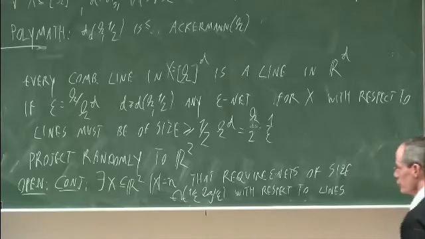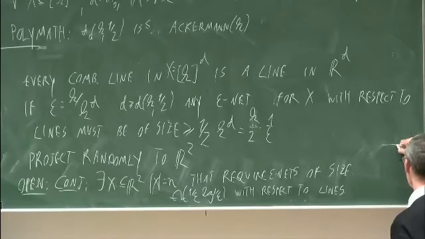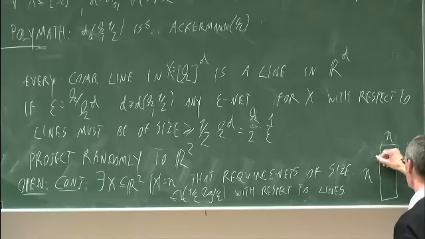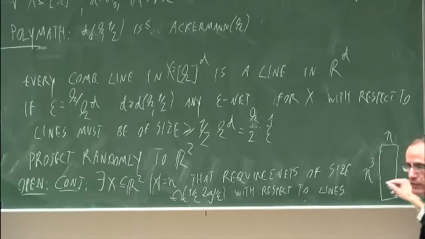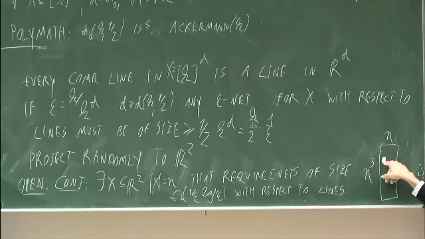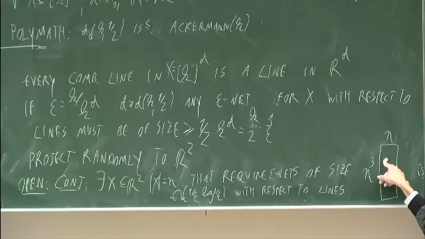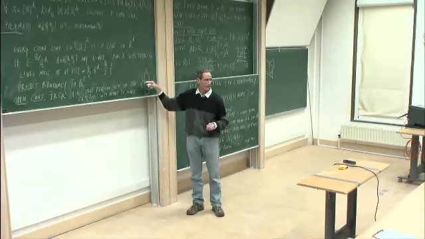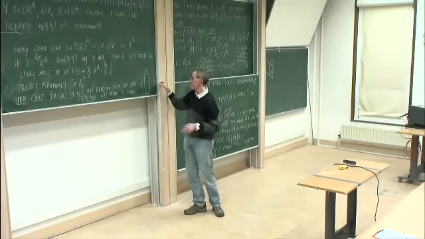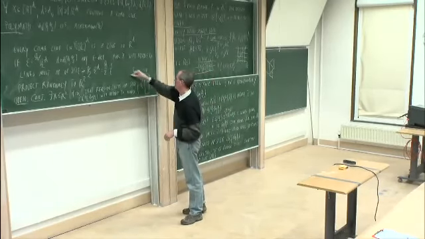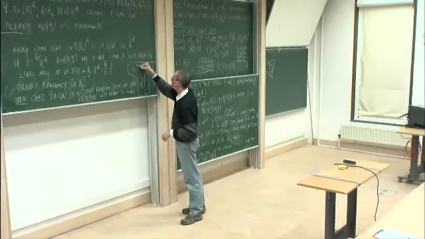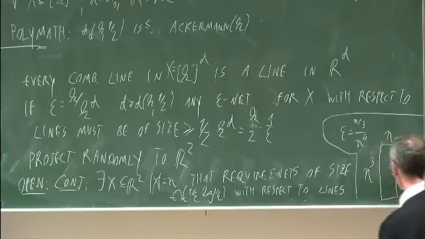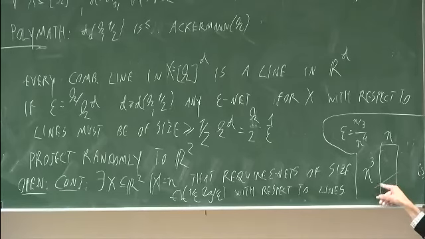I think it should be true. I have a specific example in mind, although I cannot prove anything about it. Just take an n by n by n by n grid, the usual grid, and take a random set of half the points, half of these n to the 4 points. Then let epsilon be n over 3 divided by n to the 4, namely I want to capture what's left.